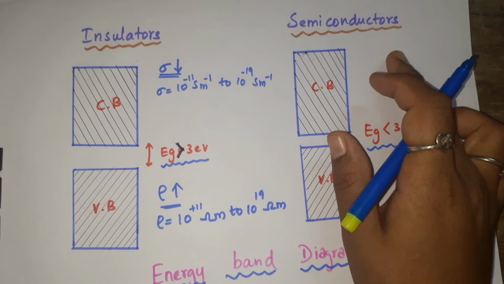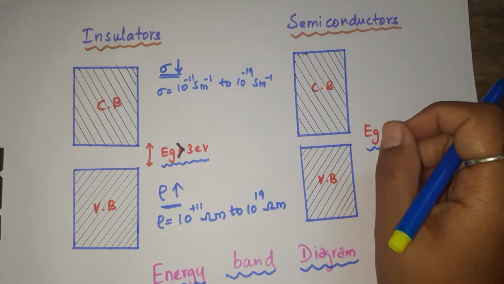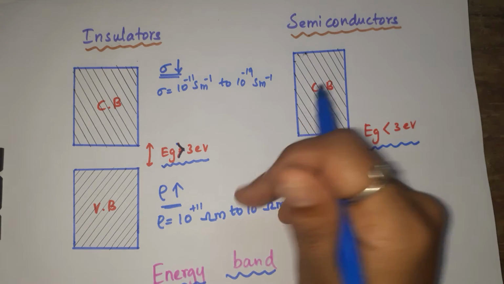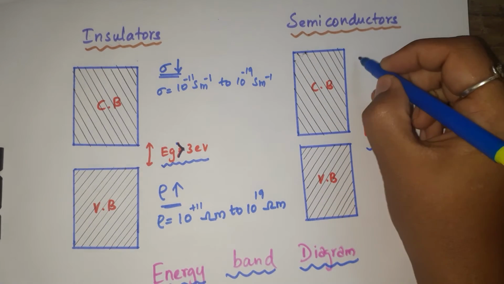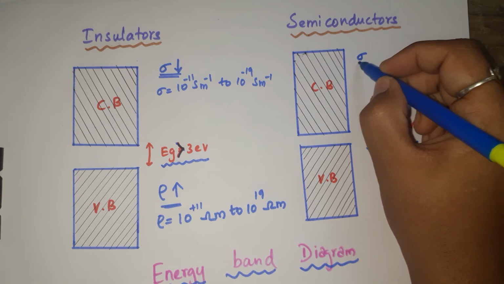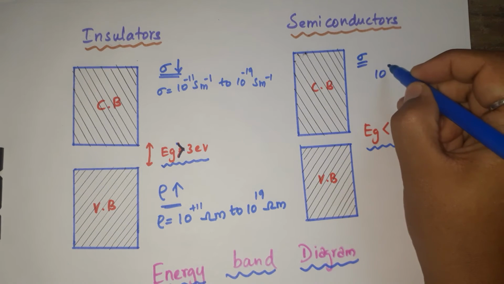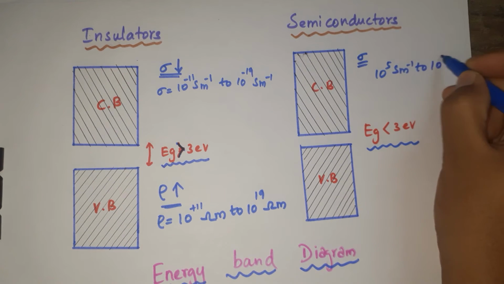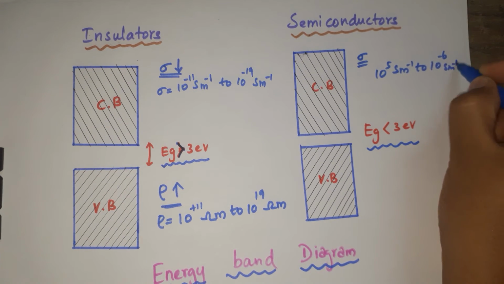Conductivity of a semiconductor increases with temperature. And the resistivity decreases. The conductivity value lies between 10 power 5 Siemens meter inverse to 10 power minus 6 Siemens meter inverse.